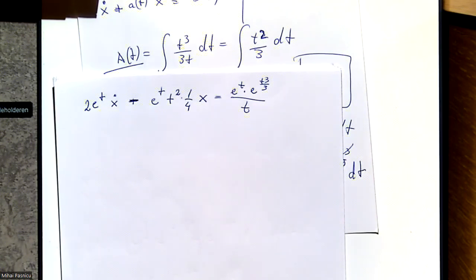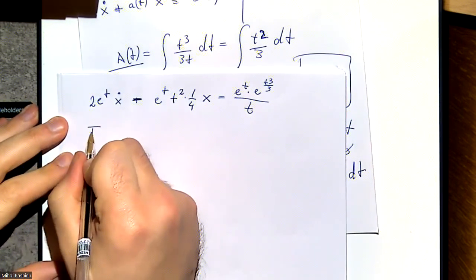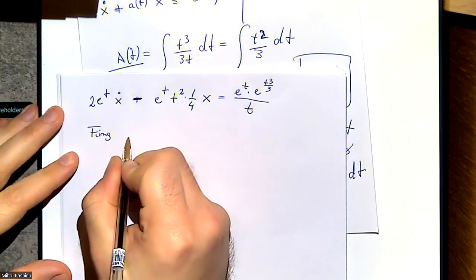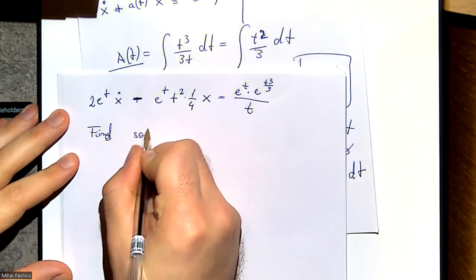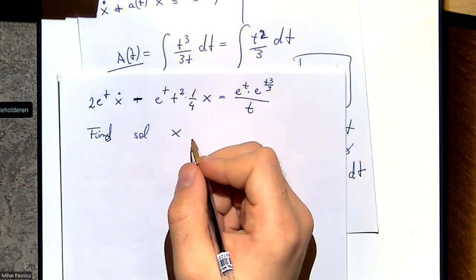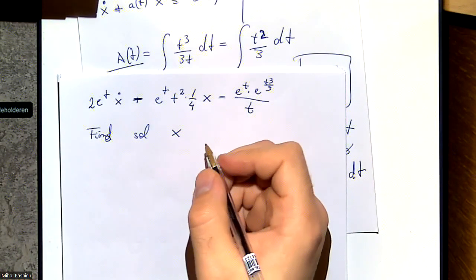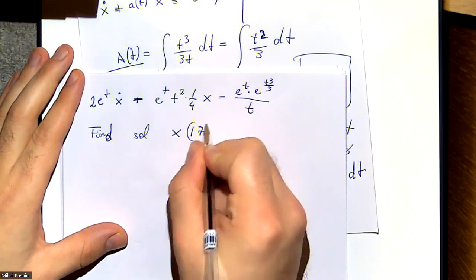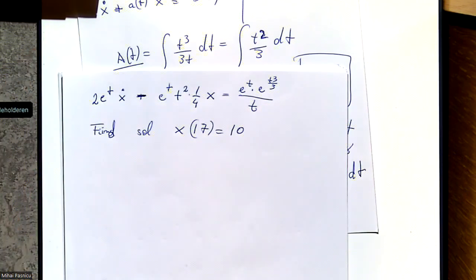This looks about right. Take this equation and find the solution x of, what are we today, 7. x of 17 is equal to 10. Great.